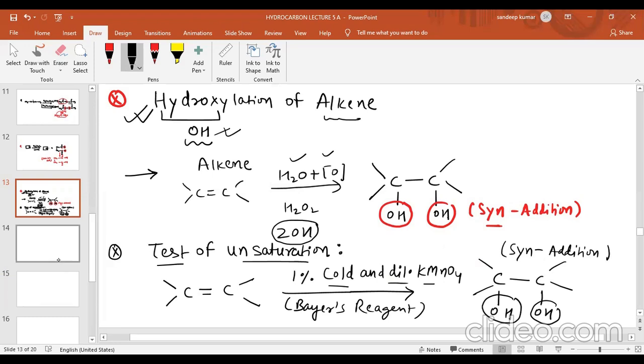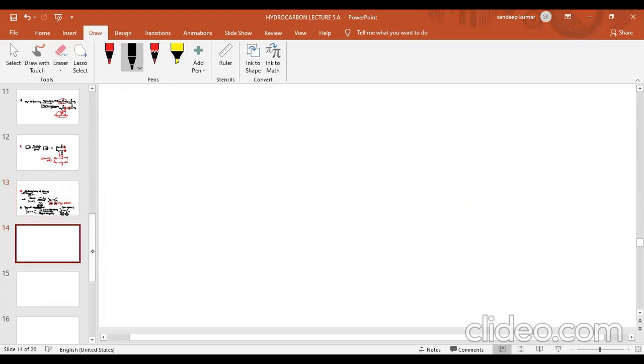For example, if the question is given like this, this is basically the alkene, and we are adding 1% cold and dilute KMnO4.